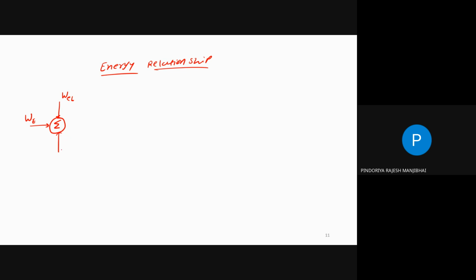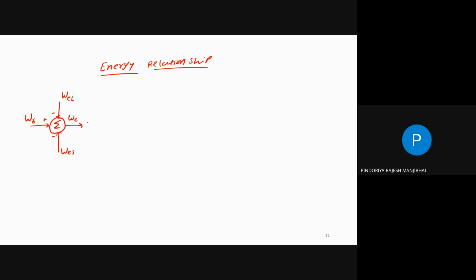This is WES, nothing but electrical storage energy. So this is plus, this is losses minus, this is minus, and this is your output. Output is what? WE, electrical input.